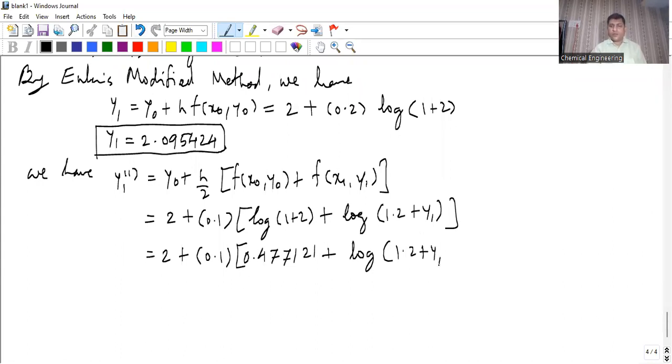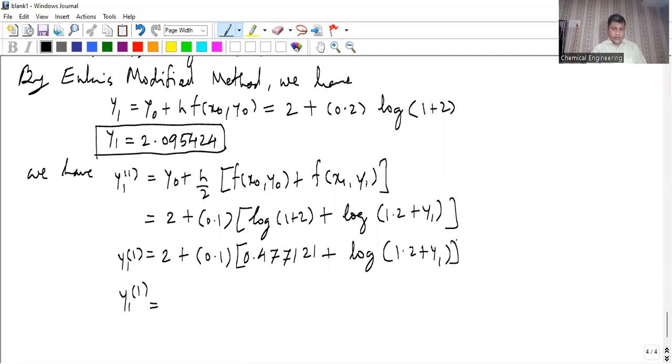Plus y1. So this is the first correction. Now put y1 equal to this value. Use the calculator: log of 1.2 plus y1.